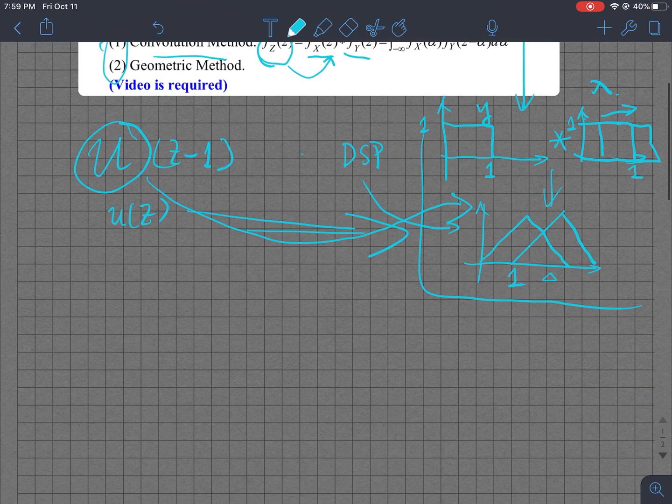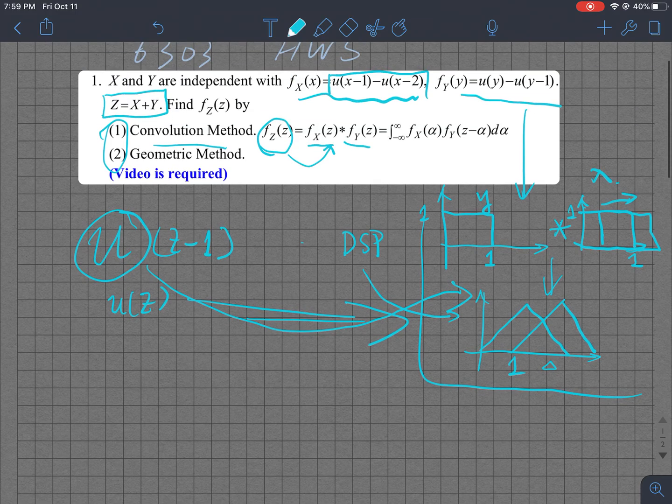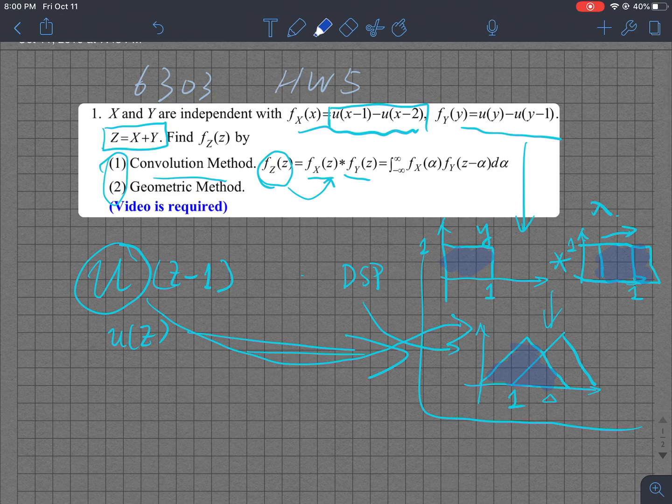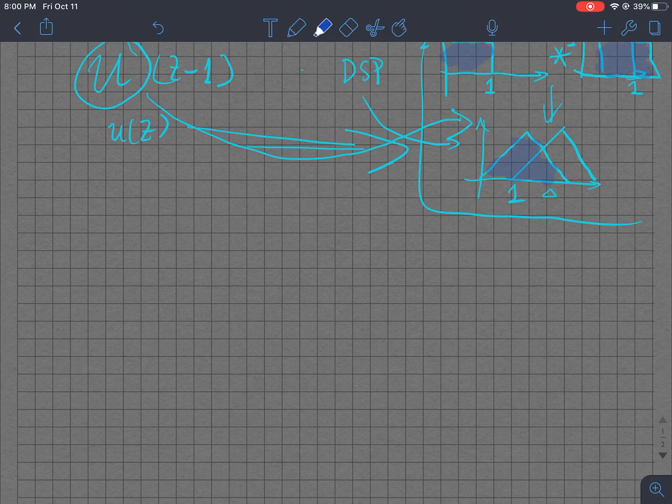If we want to use it in the future, we can remember this property: it will give you a triangle after two rectangular signals are convolved together. Then we can get the result.